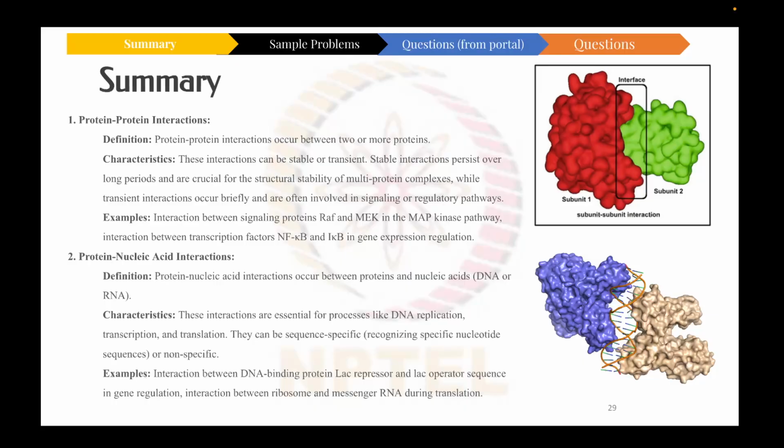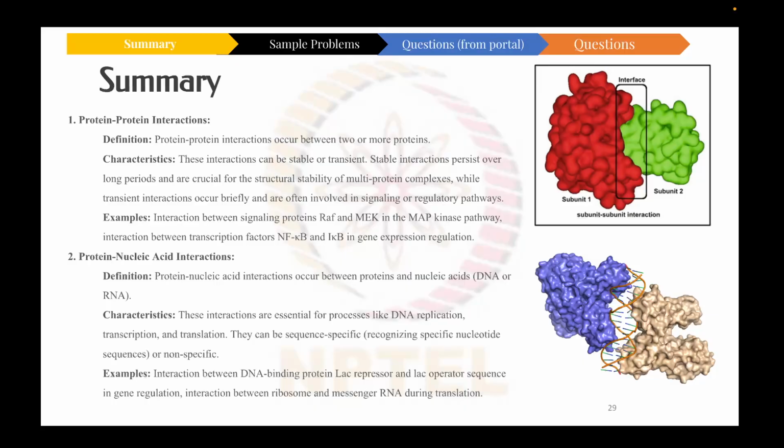So these proteins can recognize specific DNA sequences by interacting with the major or minor grooves of the DNA double helix, using amino acid side chains to form hydrogen bonds or other interactions with exposed bases. Proteins containing the HTH, that is helix-turn-helix motif, such as transcription factors, can insert specific DNA-binding helices into the major groove of DNA, allowing for sequence-specific recognition and binding.